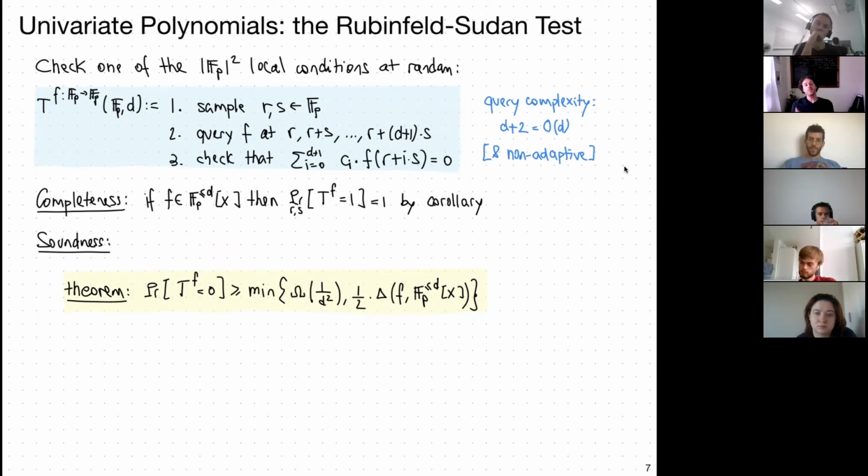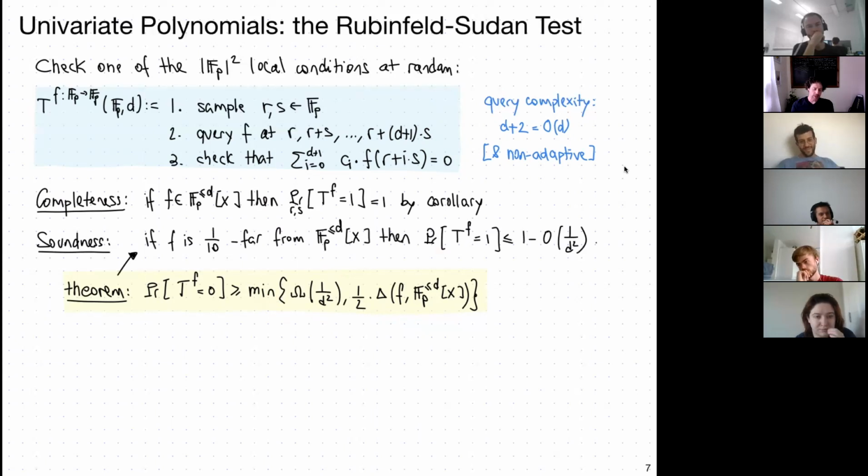And in our setting, it means how many of these D-tuples of constraints are bad. And we want to say that this probability is at least half the distance of f from being low degree. Yesterday it was linear, today it's low degree. And here, yesterday we had 1/6, and now we have this dependency on D, on the degree, which is a bit unfortunate, but what can we do?